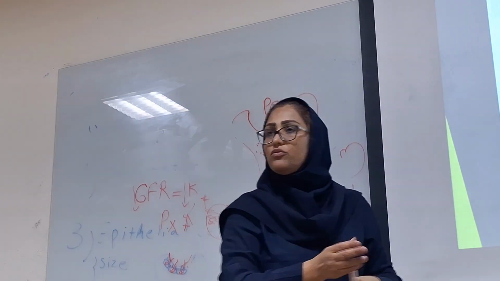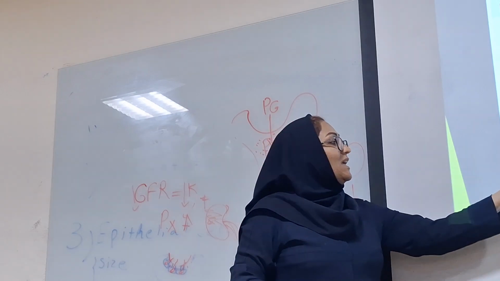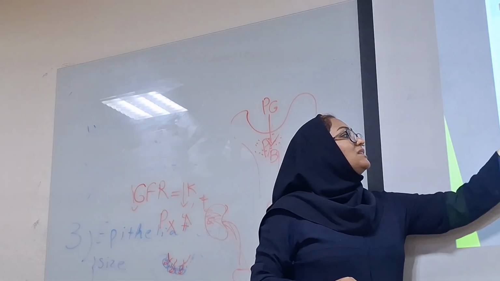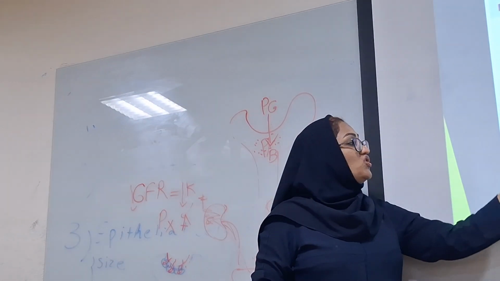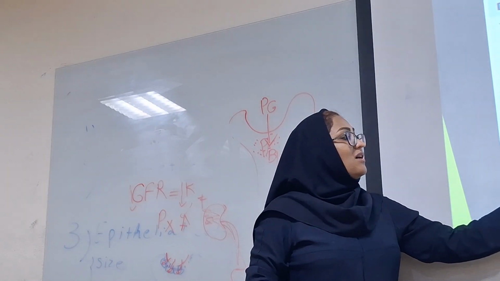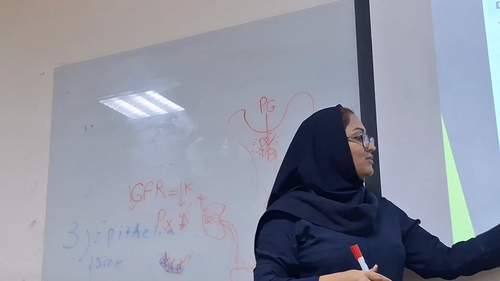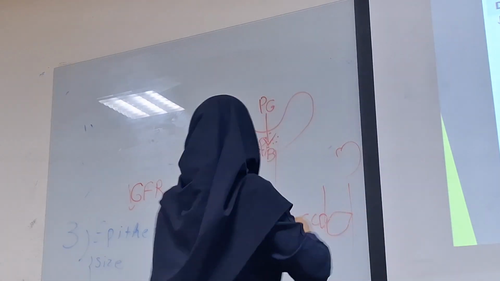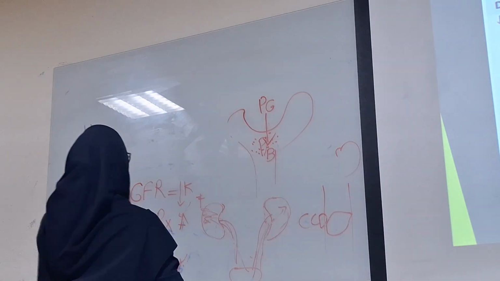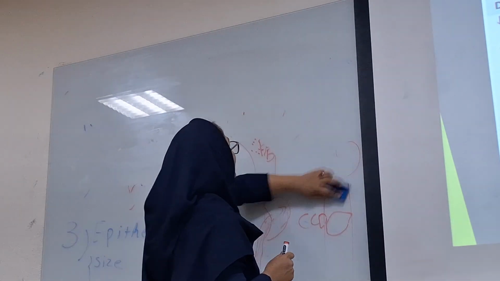We will talk about that. The second item important in determination of PG is resistance of the efferent arteriole. Let me first explain resistance of the afferent arteriole. Pay attention, please. It is important.